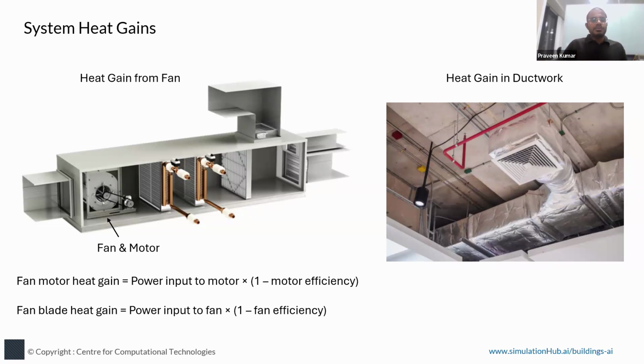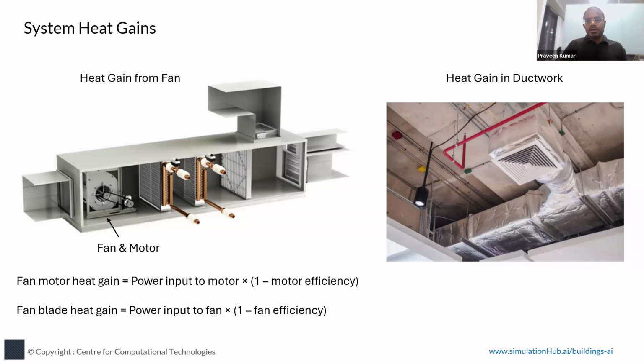It is calculated based on the power input to the motor and the motor efficiency, and it adds heat to the incoming air. Depending on the position of the fan, whether it is before or after the cooling coil, like blow through or draw through, it also affects the supply temperature or the cooling coil load.